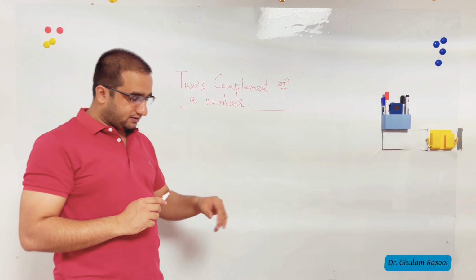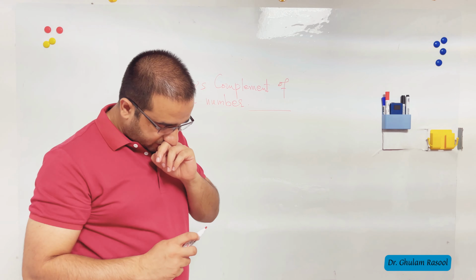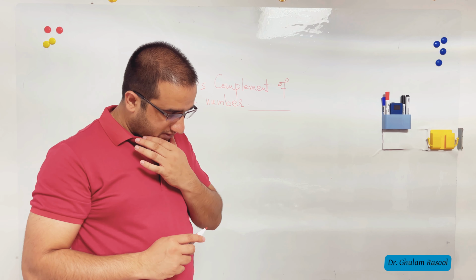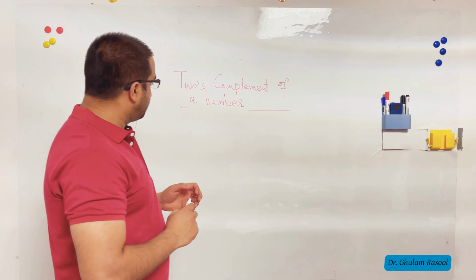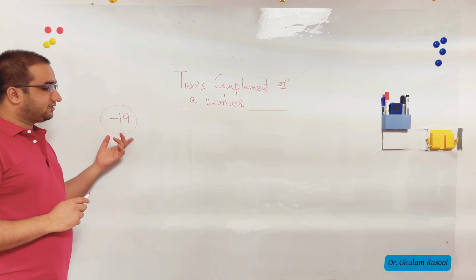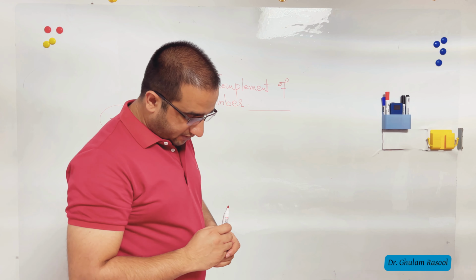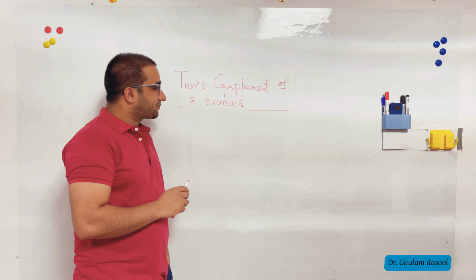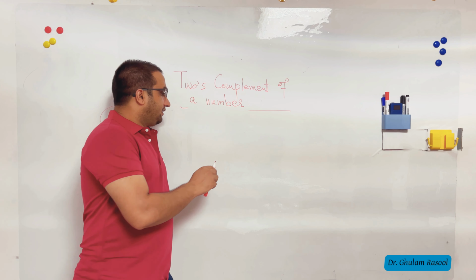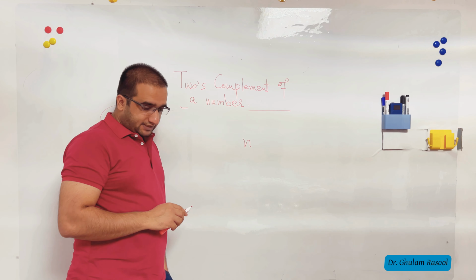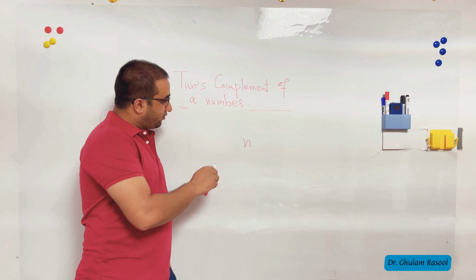So far, whatever we have done was done for a positive decimal number. If I ask you to find the 2's complement of a negative number, then what should we do? First, let me say that n is my number.